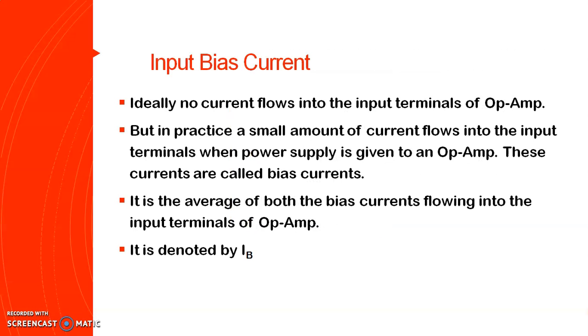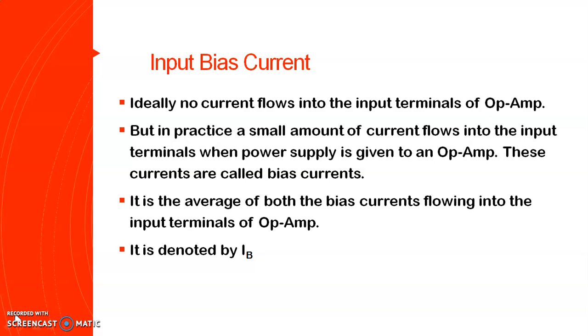The next parameter is input bias current. So in case of an ideal op-amp, generally it is considered that no current flows into the input terminals, but when you apply power supply to an op-amp, a small amount of current flows into the input terminals.